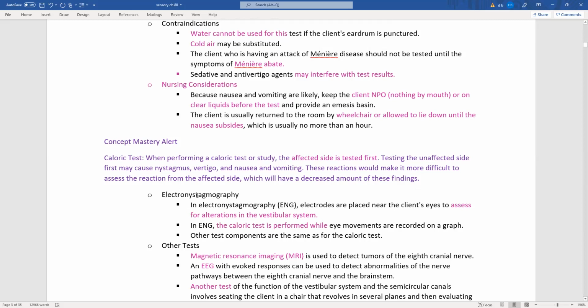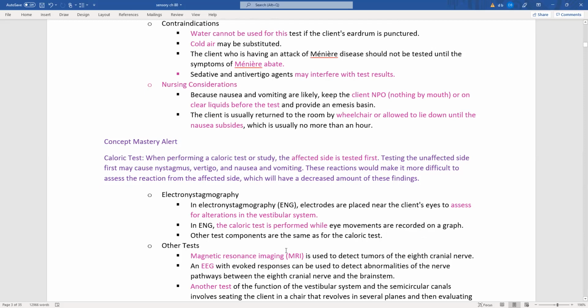Now let's talk about electronystagmography, which is the ENG. These are electrodes. Anytime you see electrodes, you know there's electricity taking place. Electrodes are placed near the client's eyes to assess for alteration in the vestibular system. In the ENG, the caloric test is performed while eye movements are recorded on a graph.